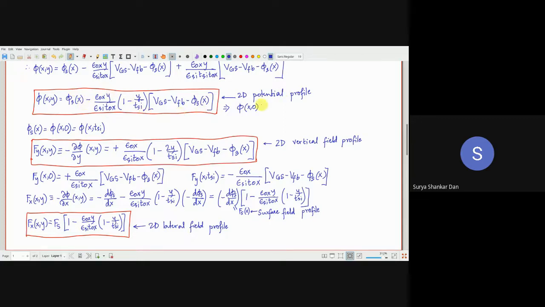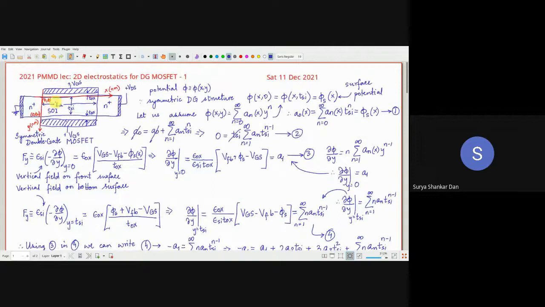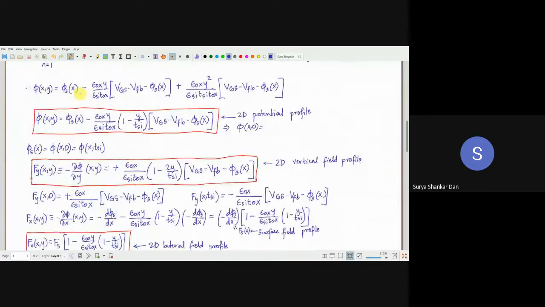At the same time, if you are putting y equal to tsi, that means the bottom gate. Just imagine what I'm trying to tell you. This is your tsi, this is the origin 0, 0. This is 0, tsi. So this is the top surface, and this is the bottom surface. For the top surface it is φ(x,0). For the bottom surface it will be φ(x,tsi). If you put it over here, this y becomes tsi.